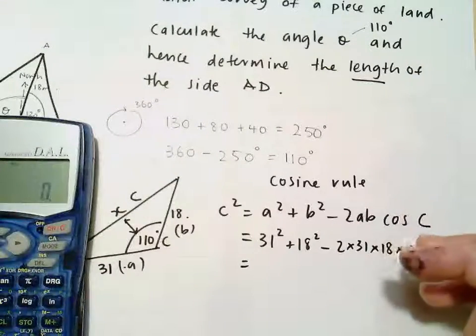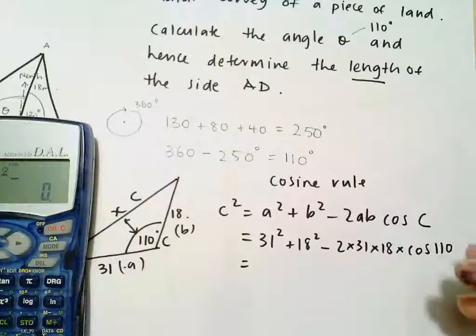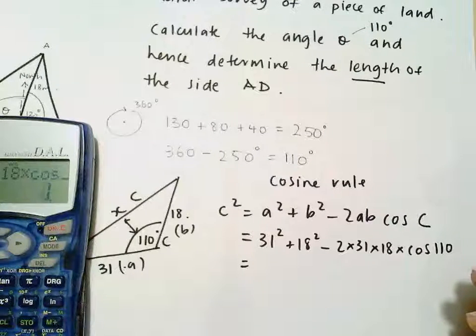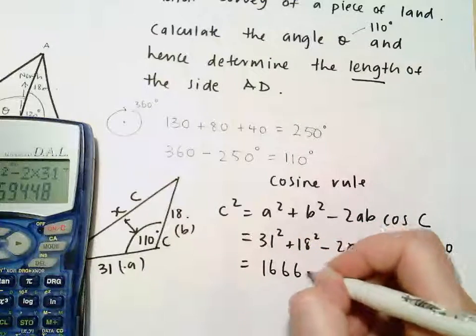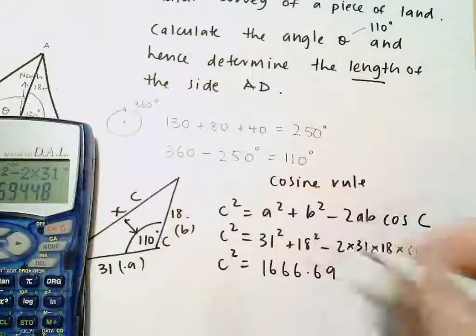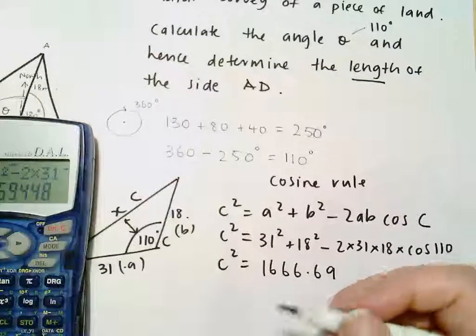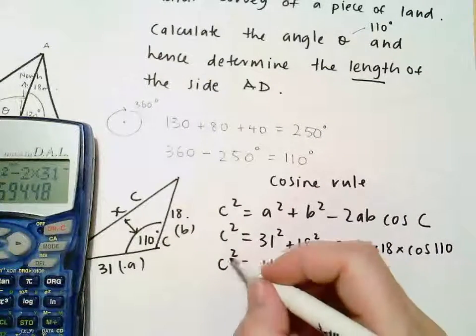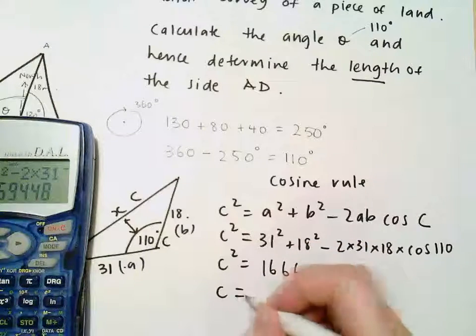31 squared plus 18 squared minus 2 times 31 times 18 times cos 110 gives me 1666.69. Don't read into that number too much. I know some of you do. And so then, of course, I am going to square root that because this gives me c squared and I'm after just c.